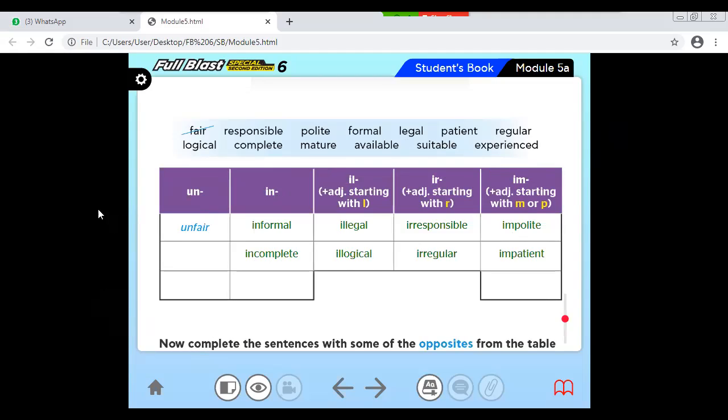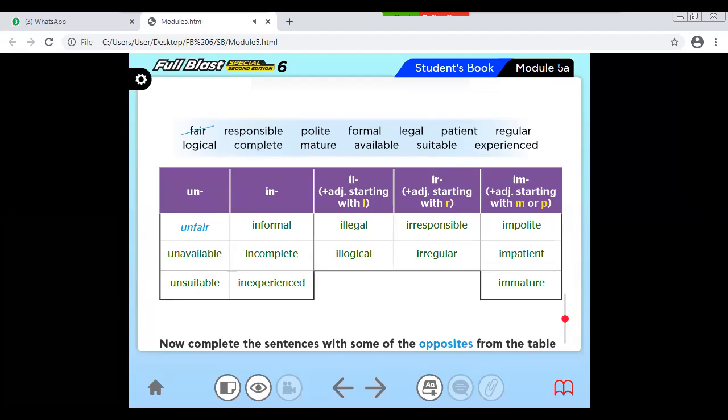They don't have rules. Okay? You have to know them. Mature. Immature. Immature means to act like a child, to be childish. Immature, غير ناضج. Available. Unavailable. Suitable. Unsuitable. Experienced.